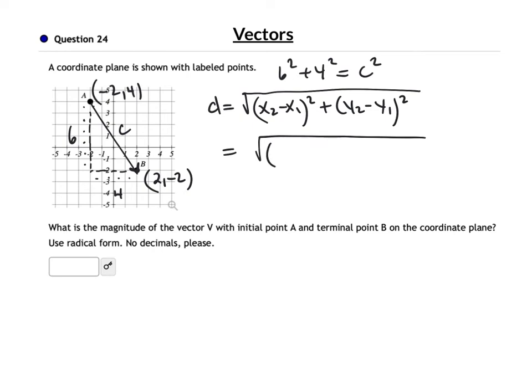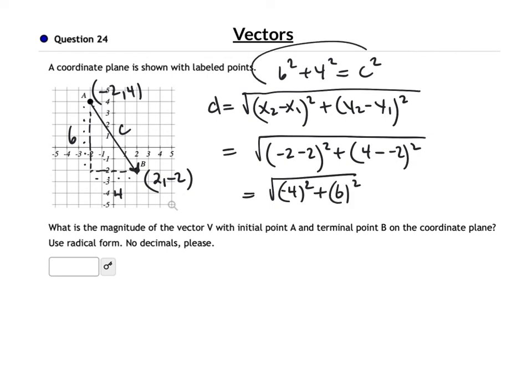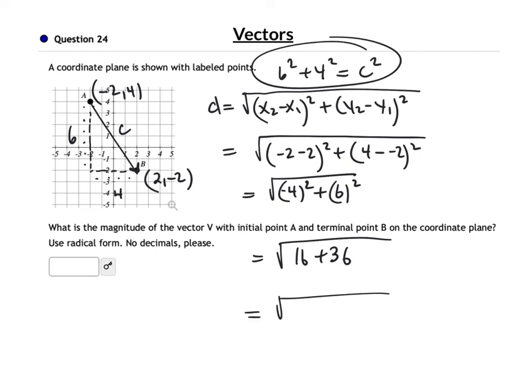So you'd subtract the x's, -2 minus 2 squared, and subtract the y's, 4 minus -2 squared. Notice that this is -4 squared plus 6 squared. That will end up being 16 plus 36, which is 52.